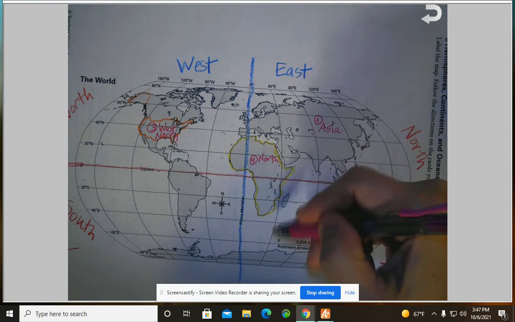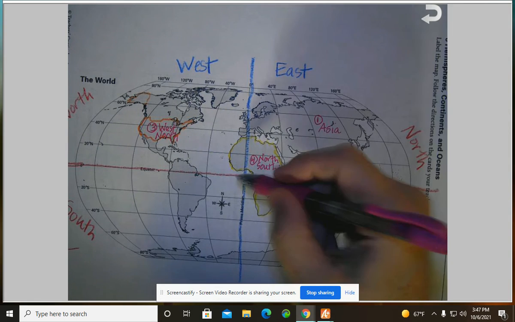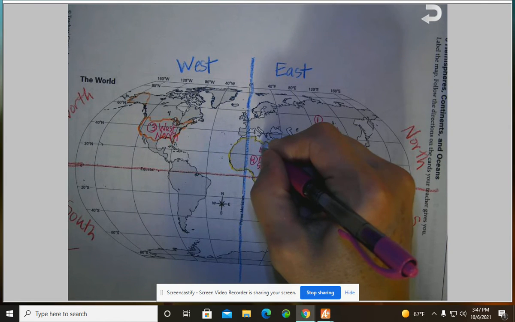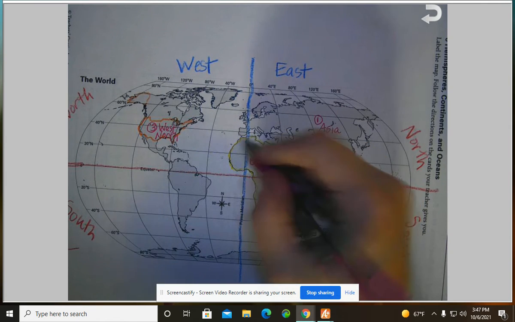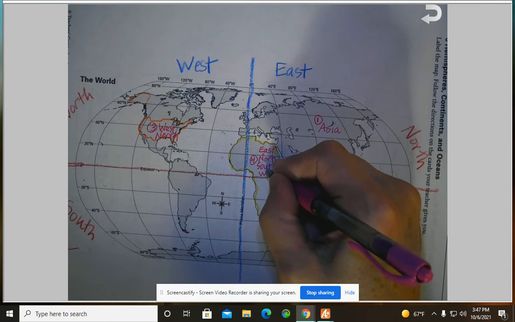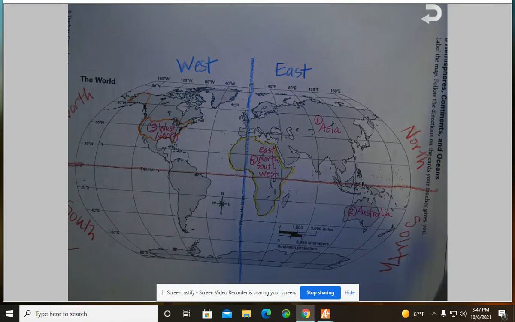We see it's below the equator, so it's in the south. It's to the right of the prime meridian, so it's in the east. But it's also to the left of the prime meridian, making it in the west. It is the only continent in all 4 hemispheres.